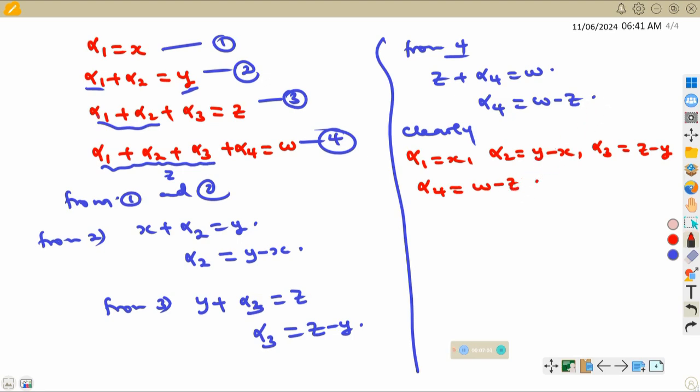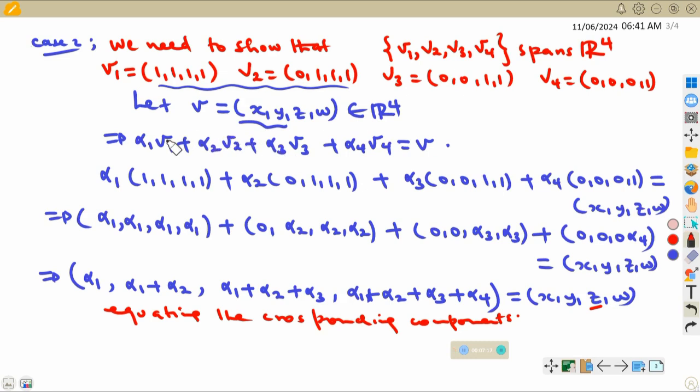In other words, if v is known, which is x, y, z, w, and v is an element of R to the power 4, then we are able to write the linear combination equaling v, or we are able to express v in terms of a linear combination of these vectors v1, v2, v3, and v4.